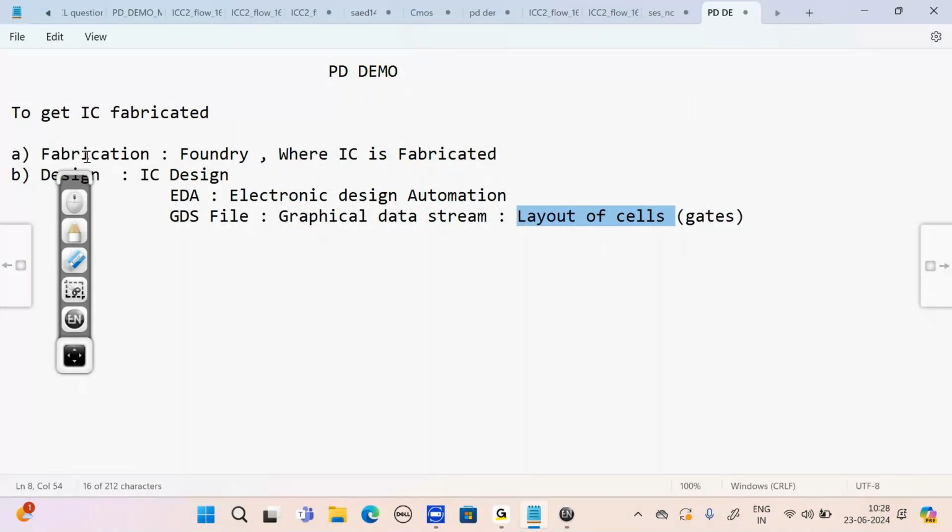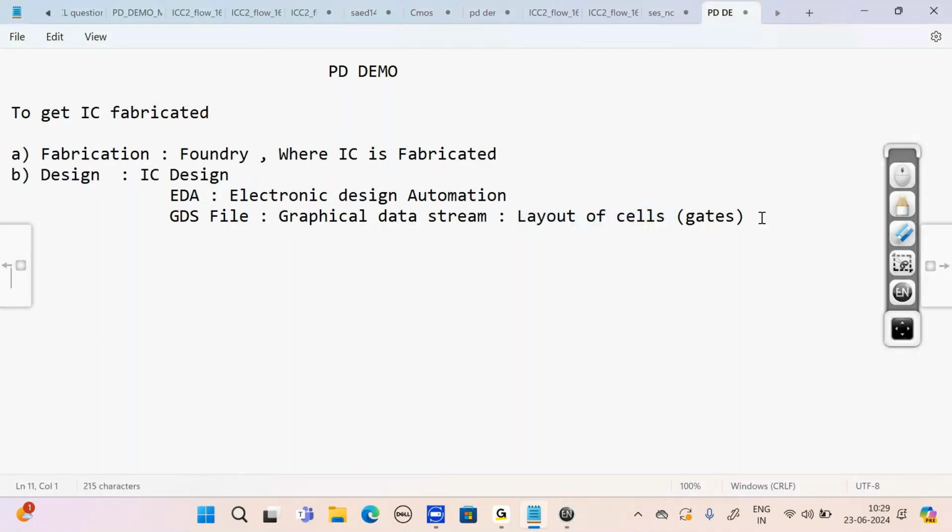Then what is the role of physical design engineers here? What will physical design engineers do? To understand that, we should understand the ASIC design flow. What is ASIC, full form?